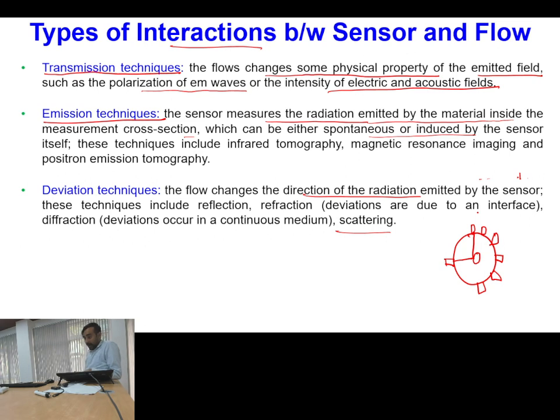So I will use this information: if from this source to this sensor it is going, then at what location could it have faced the interface so that it has reflected in this way. So I have come to know about the incident and reflected wave.